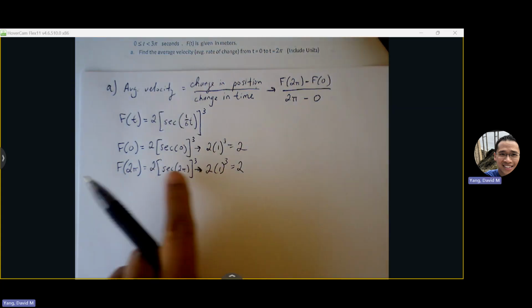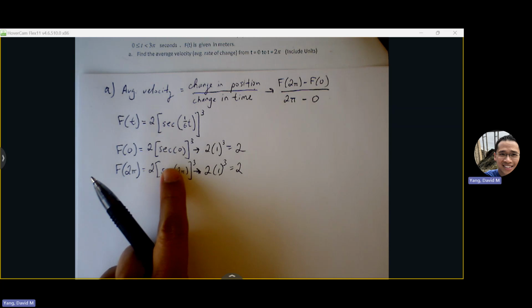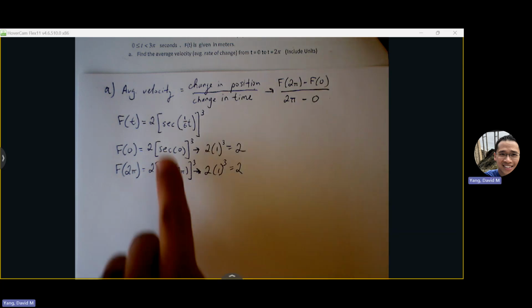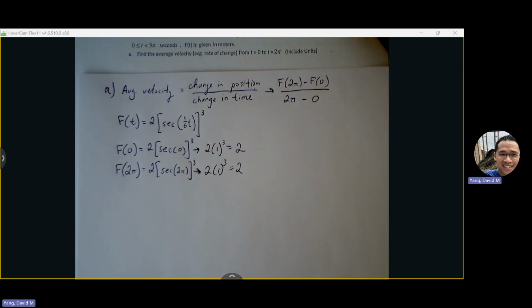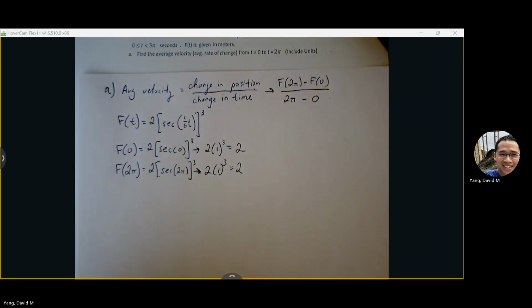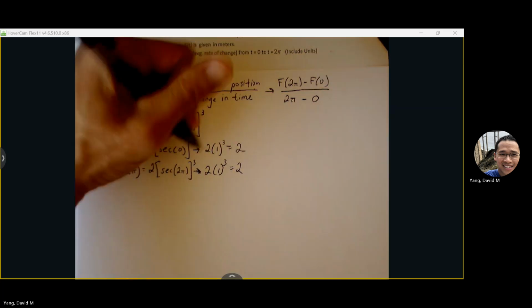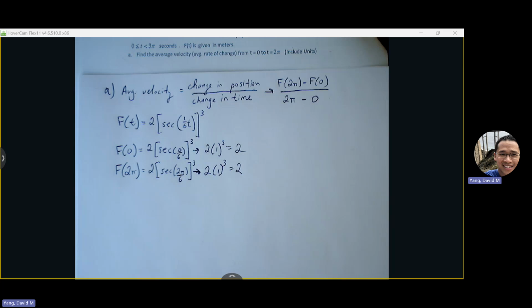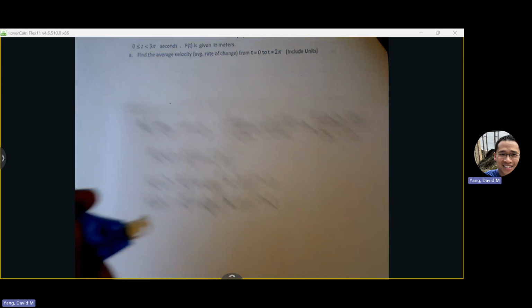Oops, sorry. My bad. I forgot to include that 1/6 here. Try that again. The first one is 0 over 6, that's fine, but the second one is 2 pi over 6, which is not the same thing as just 2 pi.